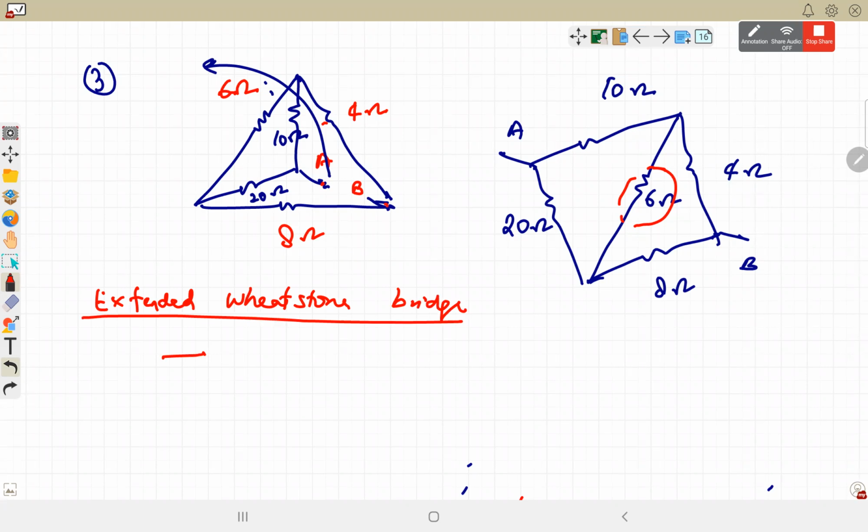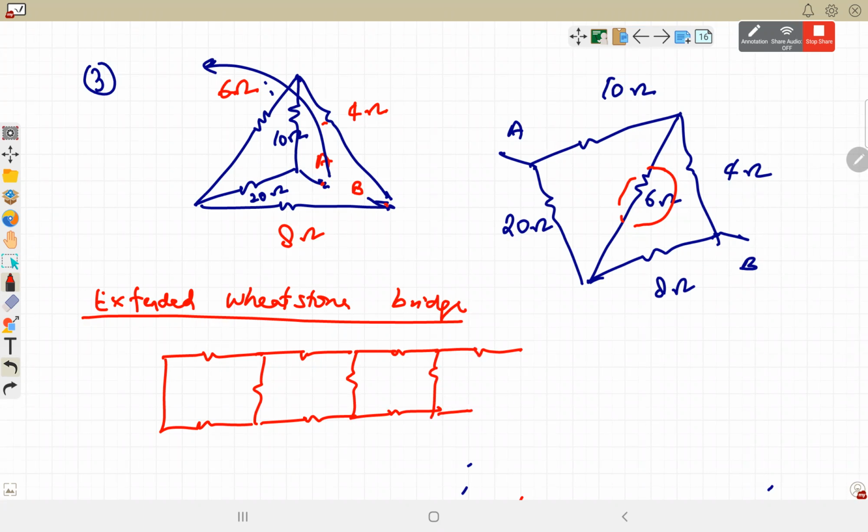When the resistance ratio in an extended circuit is such that across each diagonal the resistance ratio is the same, then we can remove all of those vertical resistors. For example, if it is 1 ohm, this is 2 ohm, this is 2 ohm and 4 ohm, 3 ohm and 6 ohm, 4 ohm and 8 ohm.